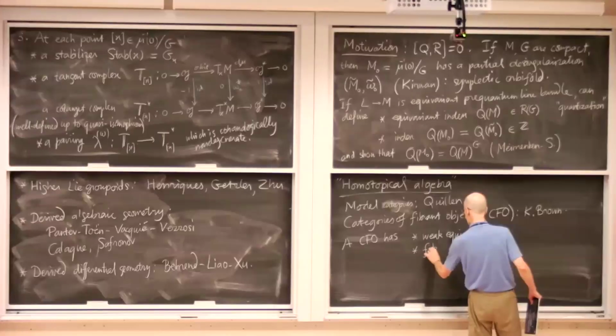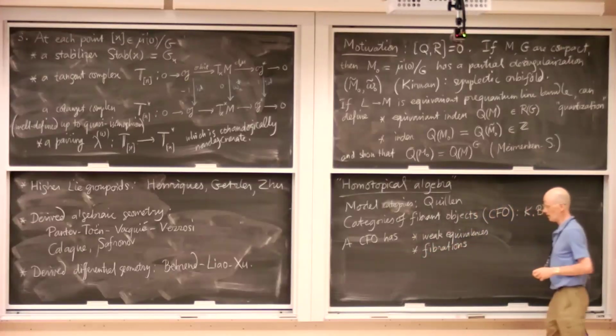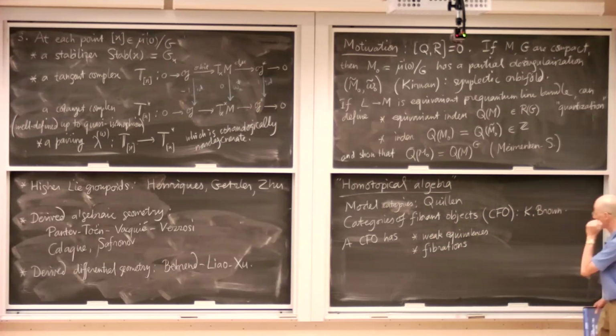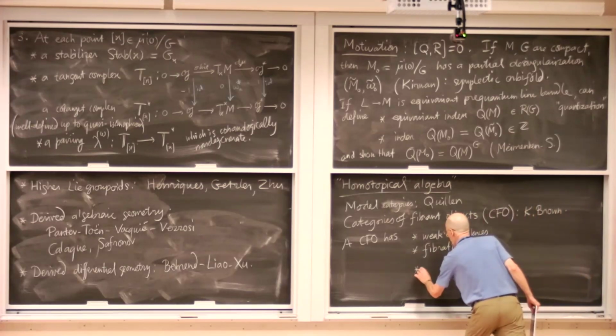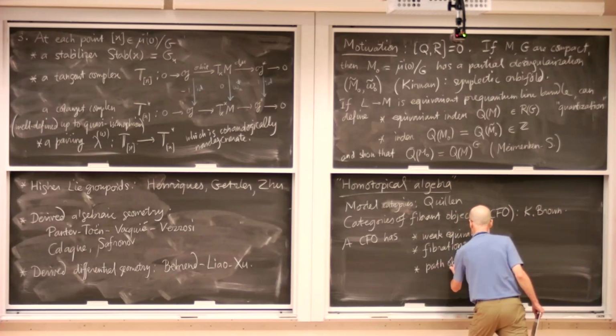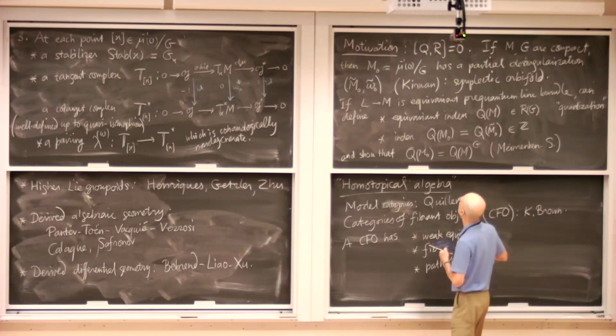And another class called fibrations, which typically in a geometric setting are things like submersions and so on. And path objects.